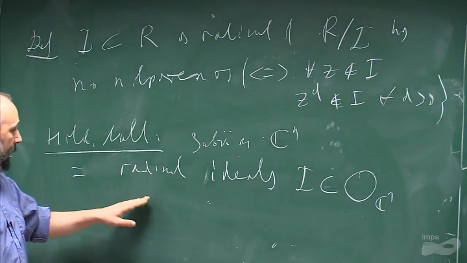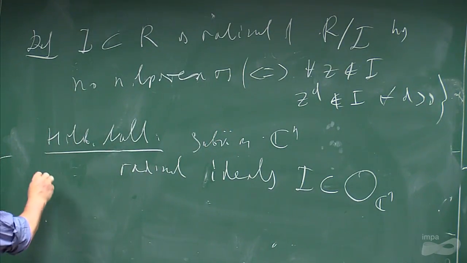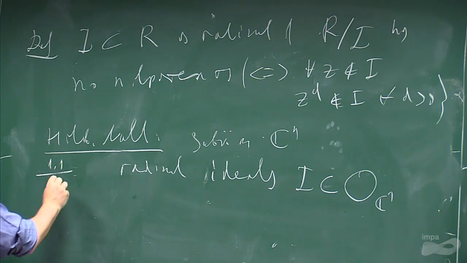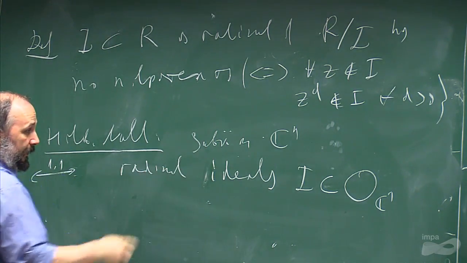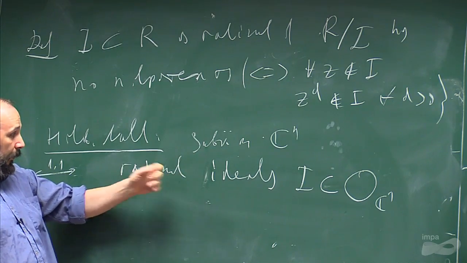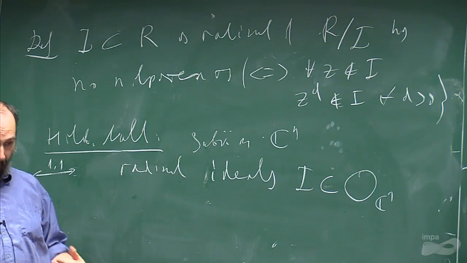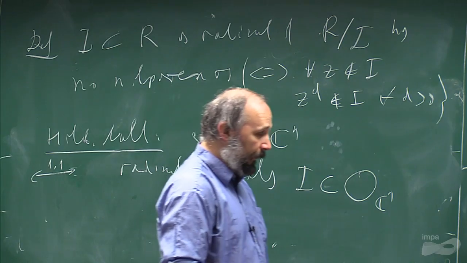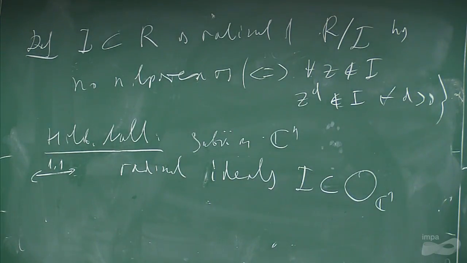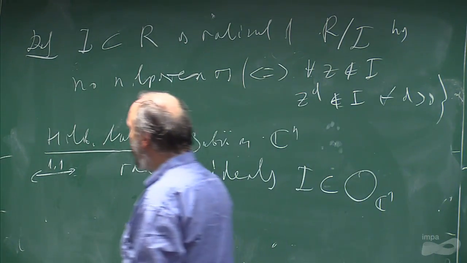This is a bijection, a one-to-one correspondence between the set of all subvarieties and the set of all radical ideals. I will prove the same for projective varieties.